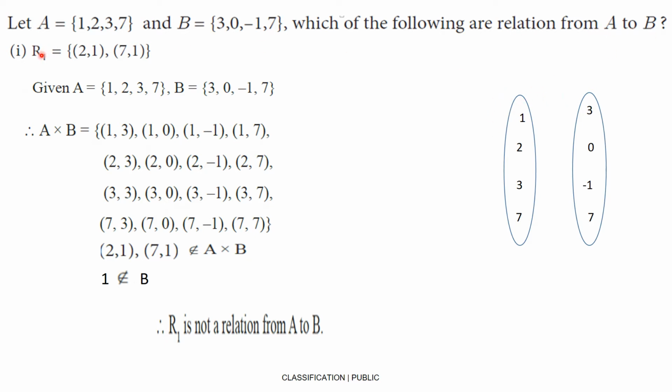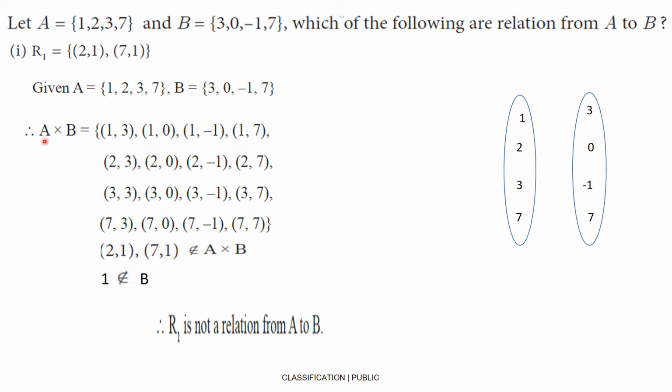Given R1 equal to {(2, 1), (7, 1)}, that means element 2 in A and 1 in B. If it is related, you tell it is a relation; if it is not related, you tell it is not a relation. So we verify with two methods.